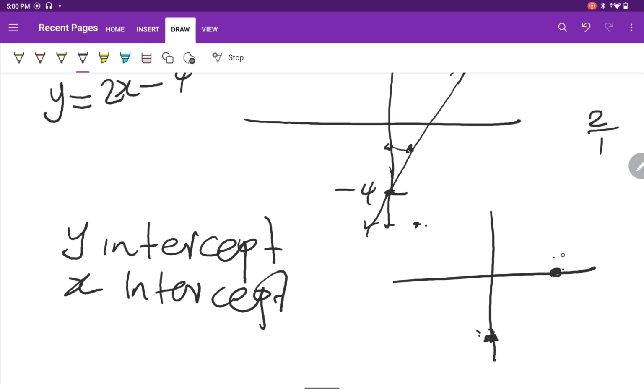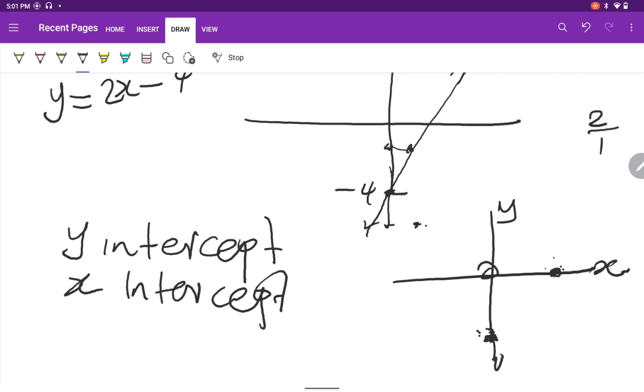This is the x-intercept because it's on the x-axis. This point is the y-intercept because it's on the y-axis. We are only going to look for these 2 points and then we join them together. Some call them the y-cut and the x-cut.